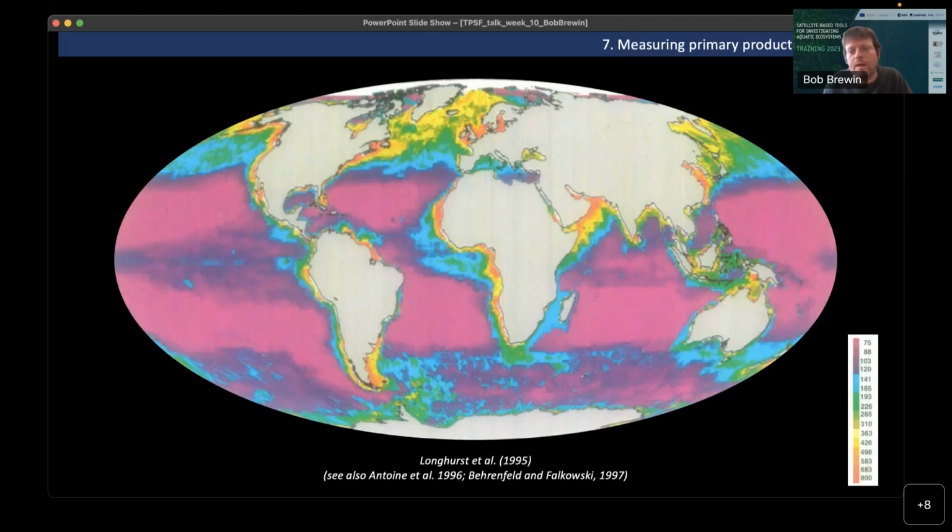And at the time, they quantified global primary productivity to be around 40 to 50 gigatons of carbon per year, which, nearly 30 years later, is a number that we're still arriving at with our satellite observations.